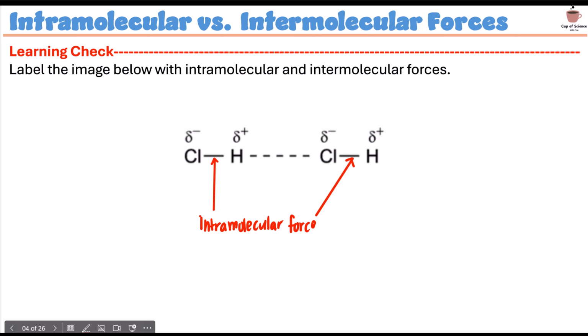And that type is the covalent bonding. And the attraction between two molecules, so this is one molecule and this is another molecule. The attraction over here, this one is not intra, but rather intermolecular force.